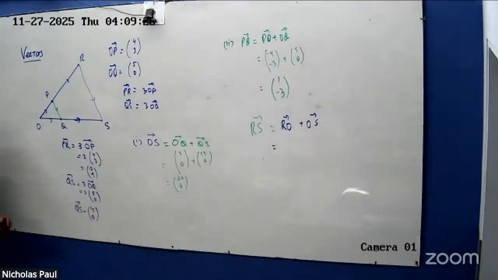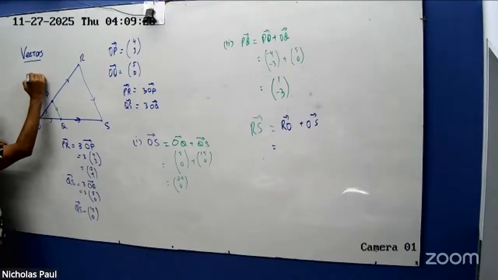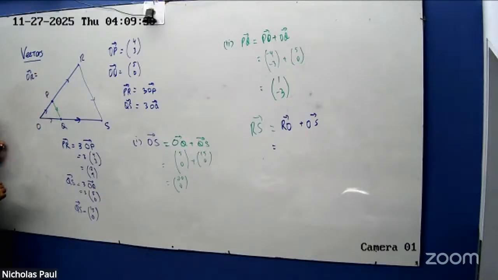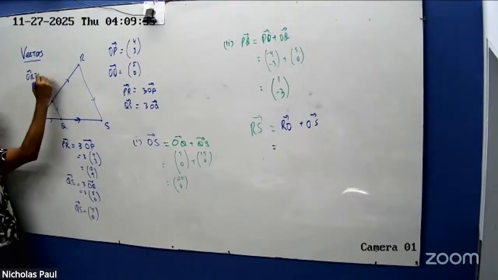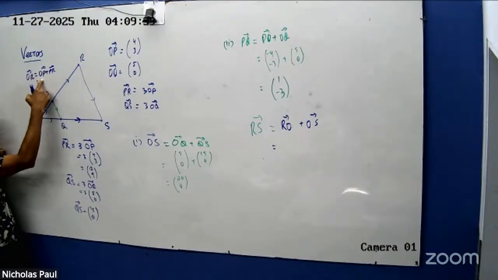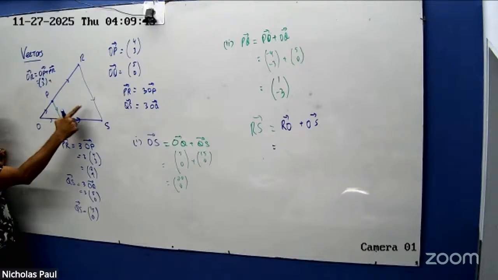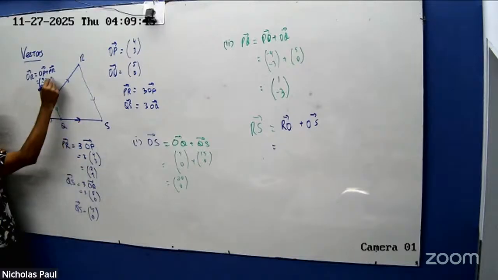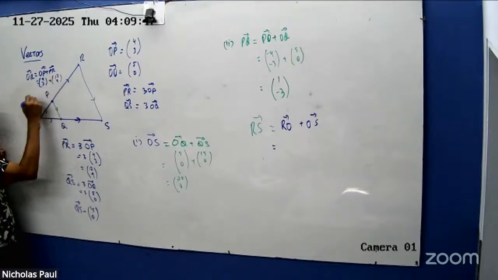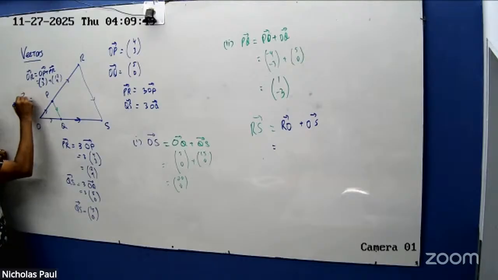Can you help me out now? What's OR? OR is equal to OP plus PR. We know what OP is. OP is 4, 3. PR was 12, 9. So I got OR.